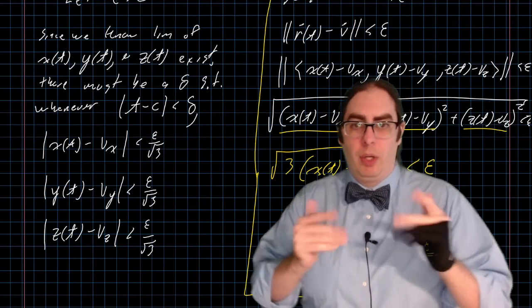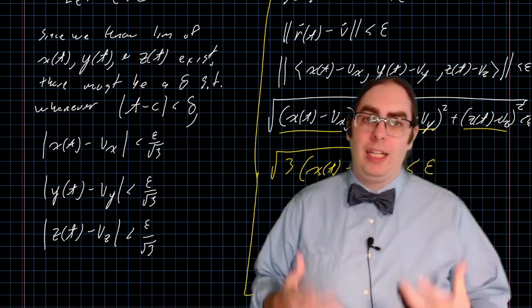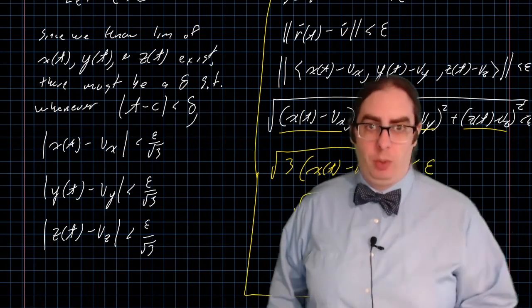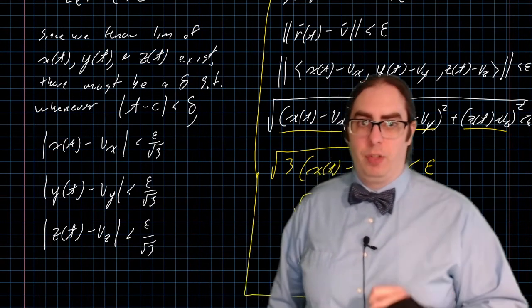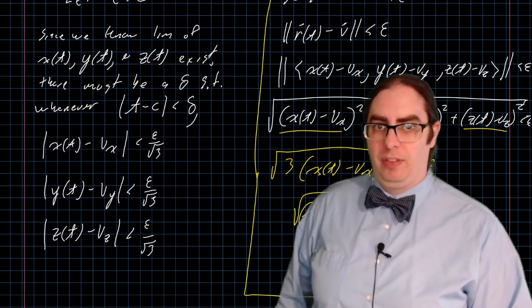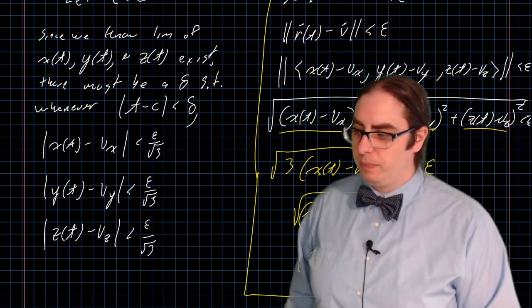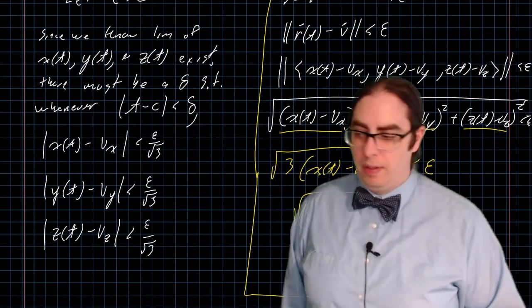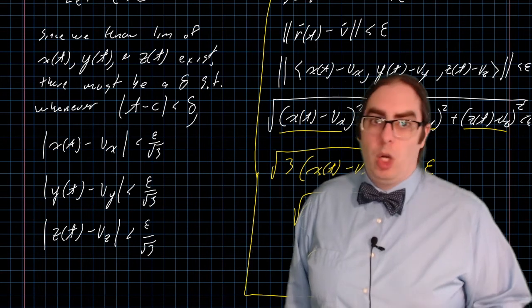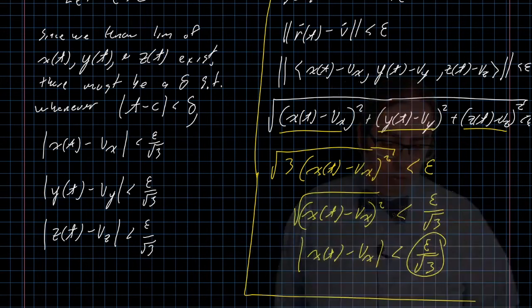Now that it's narrower, it's even more constrained than it was before. And so I can choose the smallest value of delta that works for all three of these, right? I find the delta for each one that the definition of limits says exists, and then I pick the smallest one, and that's what I use here. All right, so that's the definition of a limit. Then from here, we go through our scratch work kind of backwards, and that gives us the rest of the result.